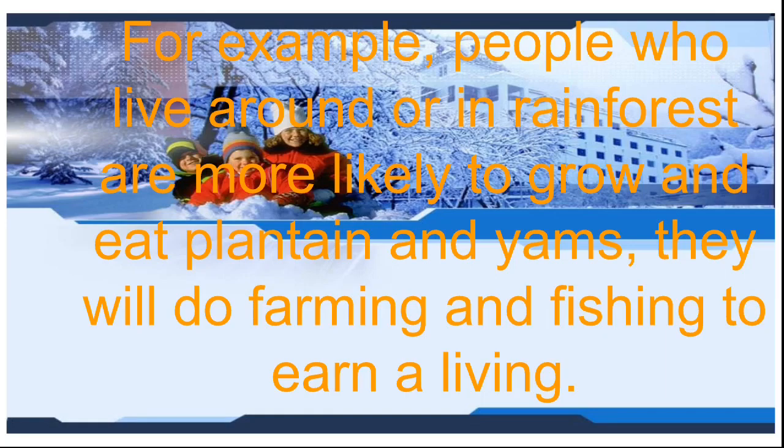For example, people who live around or in the rainforest are more likely to grow and eat plantain and yams. They will do farming and fishing to earn a living. So people who live around the rainforest, their main occupation will be farming and fishing.